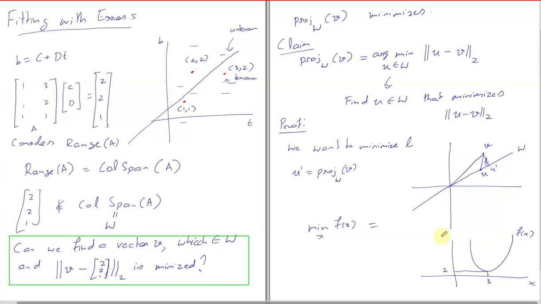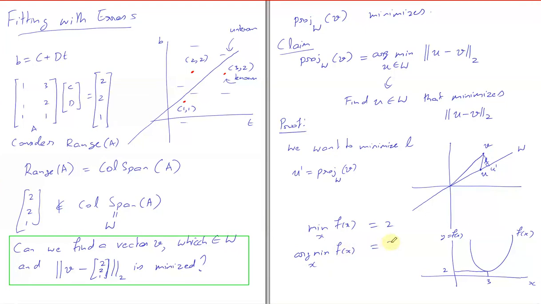It equals 2, right? And what is argmin over x of f of x? Three. Is that clear? What the difference is?